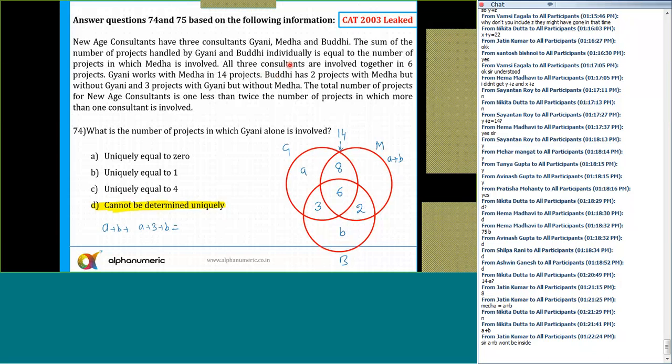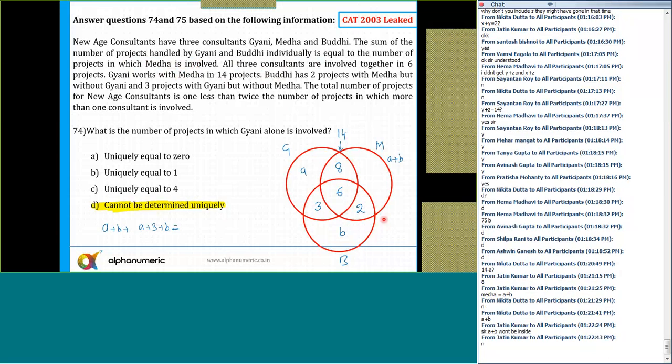No. Does it anywhere mention that Medha alone is involved? No. So the total number of projects in which Medha is involved is A plus B. So the total number of projects is A plus B plus A plus B and plus 3.